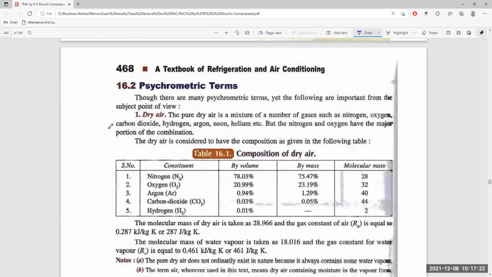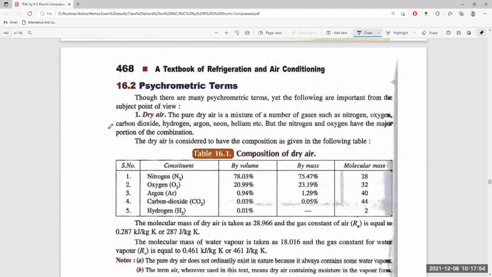By mass, it is 75.47 for nitrogen, 23.19 for oxygen, argon 1.29, carbon dioxide 0.085 percent. This is all in percentage. And the molecular masses are 28, 32, 40, 44, and 2 respectively.